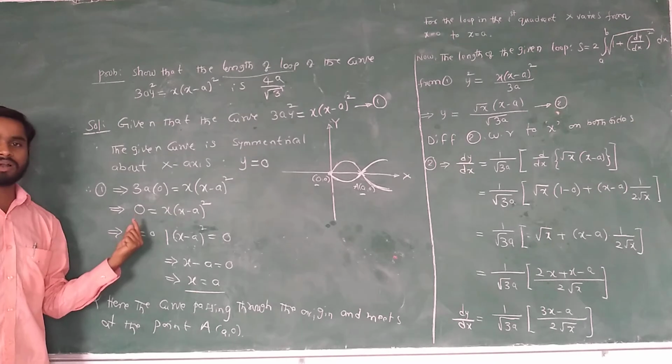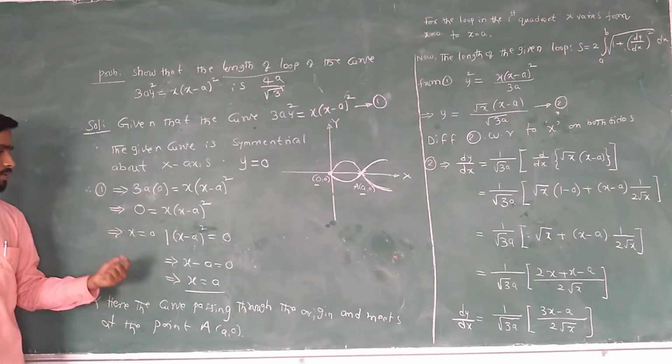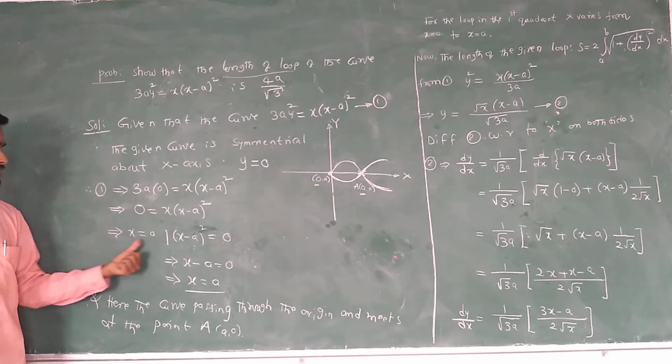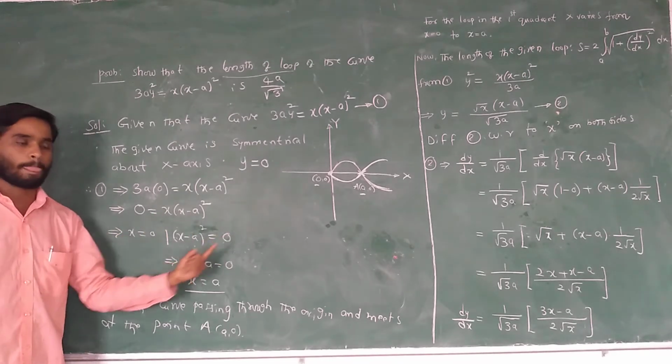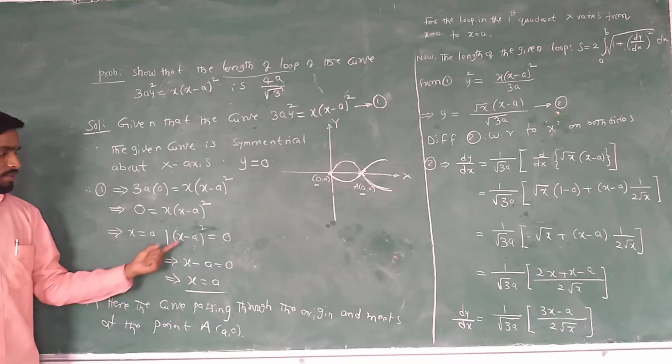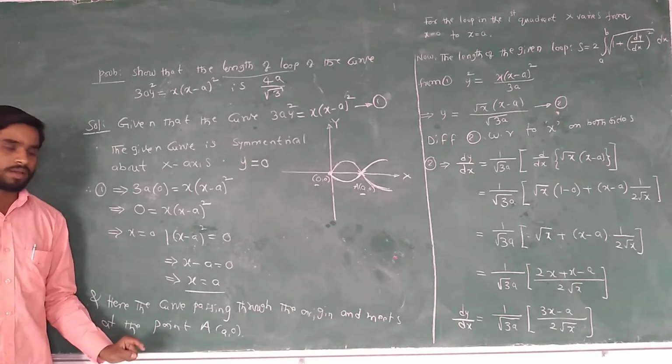If a·b = 0, then a = 0 or b = 0, we know that. So that will be written as x = 0 and (x − a)² = 0. Simplifying, x − a = 0 and x = 0.